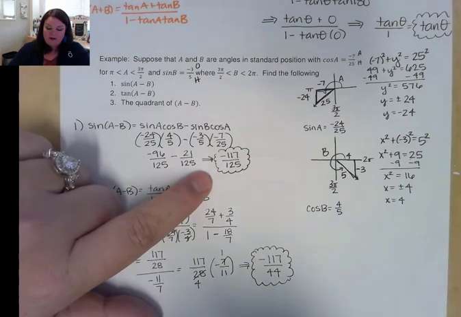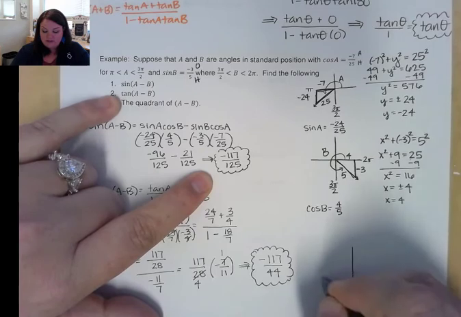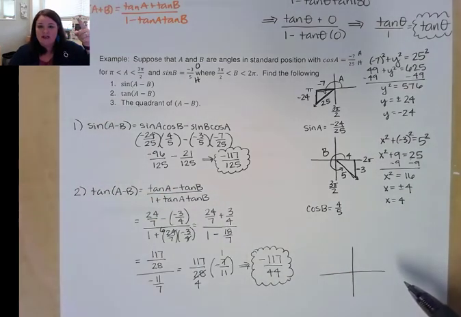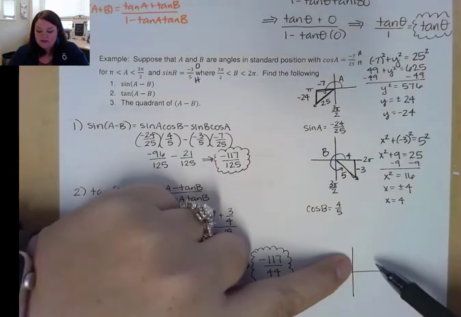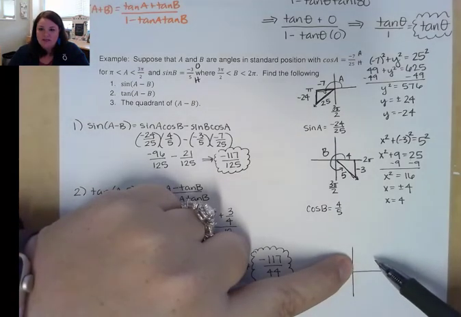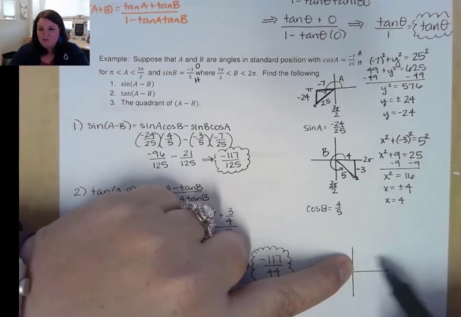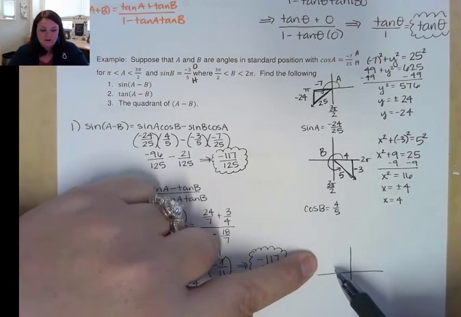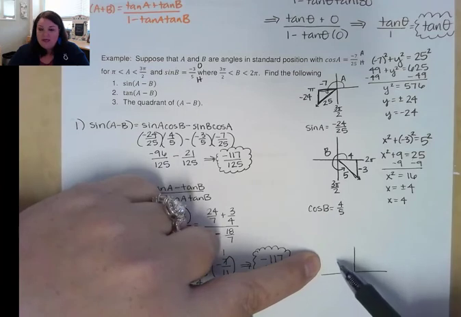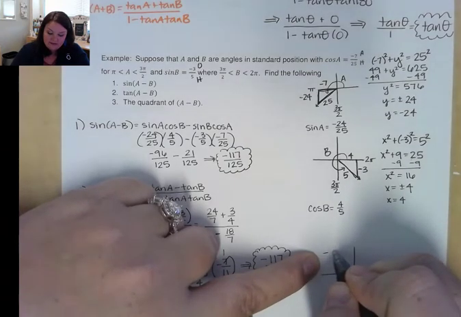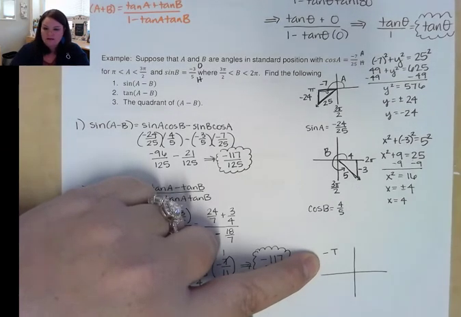So let's think about where tangent values are negative, right? Tangent value is a ratio of sine and cosine. So here, sine is positive, cosine is positive, which means that tangent's positive. So that's not 1. Here, I know that sine is positive and cosine is negative. So this gives me a negative tangent, right?